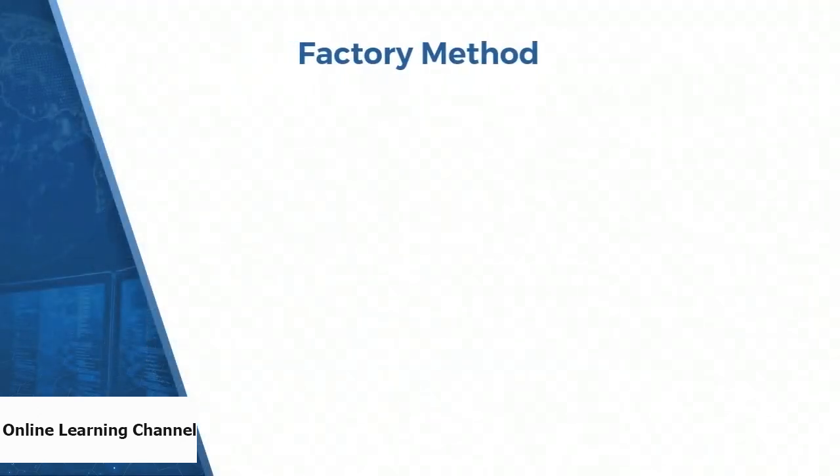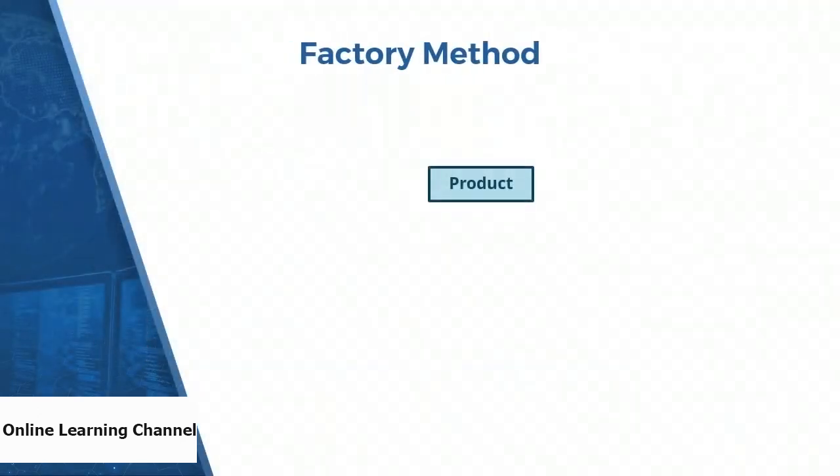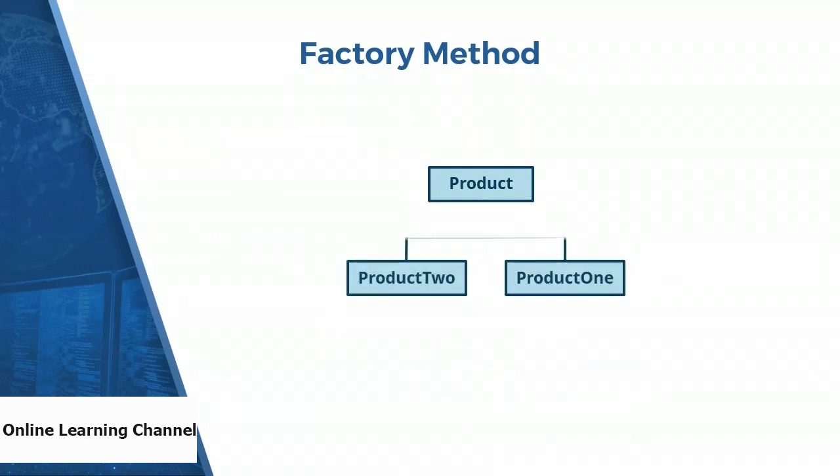Let's consider this with a visual example. There are different kinds of products that you might want to build. Products might be mobile phones or products might be laptops. So you have a product base class that encompasses the common characteristics of mobile phones and laptops, and then you have product 1 that might be mobile phones and product 2 that might be laptops.